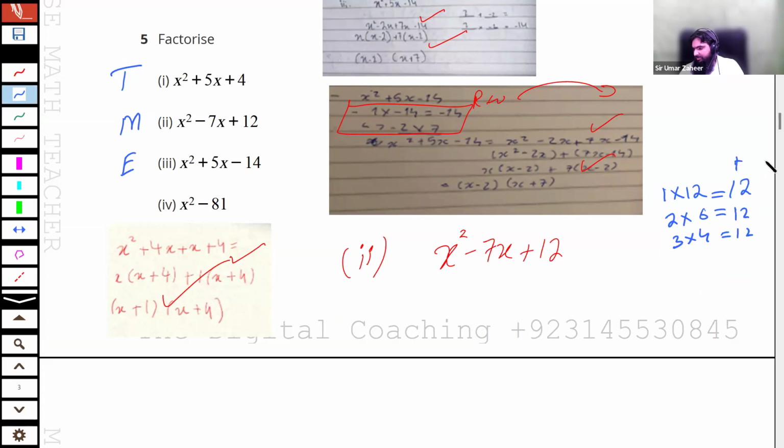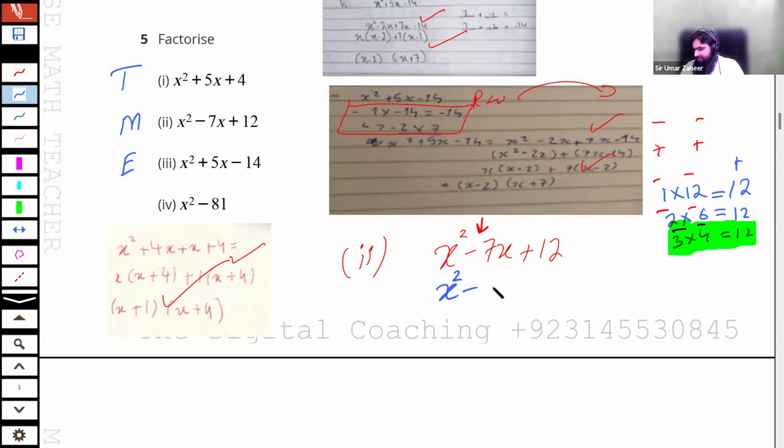I need a positive answer. You will get a positive answer if both terms are positive or both terms are negative, because negative multiplied by negative gives a positive answer. The midterm is negative, so all values are negative. So this is a suitable pair because when you add them, -3 and -4, it will be -7.